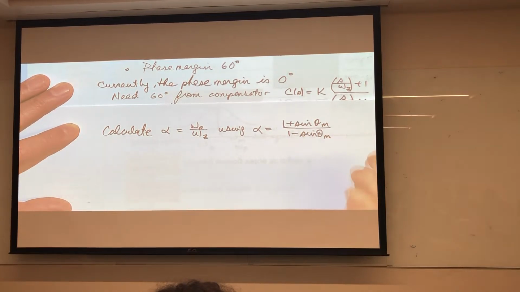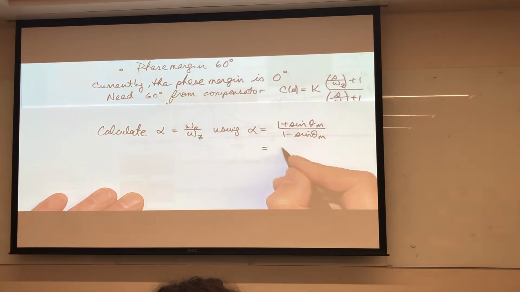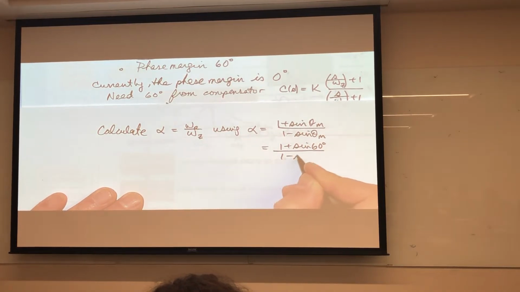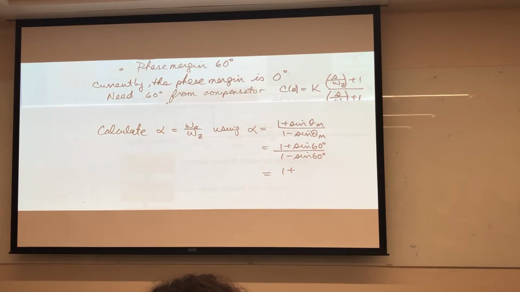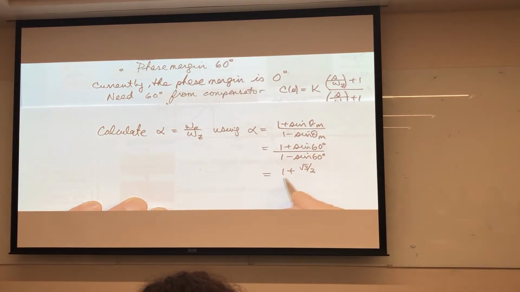I'm going to need some calculator work here. So this is going to be 1 plus sine 60 degrees divided by 1 minus sine 60 degrees. The sine of 60 degrees is square root 3 over 2. Somebody please calculate that ratio for me.